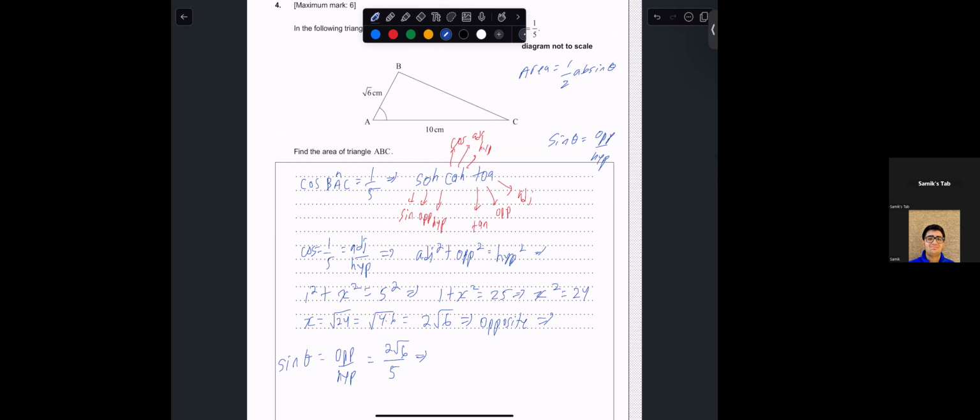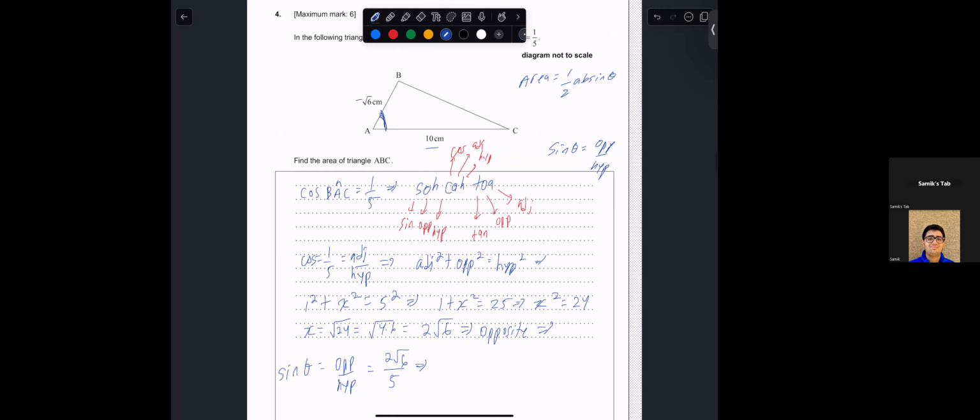Now we need to use our area formula. Whatever angle you are given, say you're not given this side or this side, and you're given other values to somehow find them, you need to always use whichever sides are next to the angle. Regardless, it's always going to be this multiplied by this. Let's say you have an angle at C instead. Which sides would you use to find the area? You'd use this side multiplied by this side in our half AB sine theta formula.